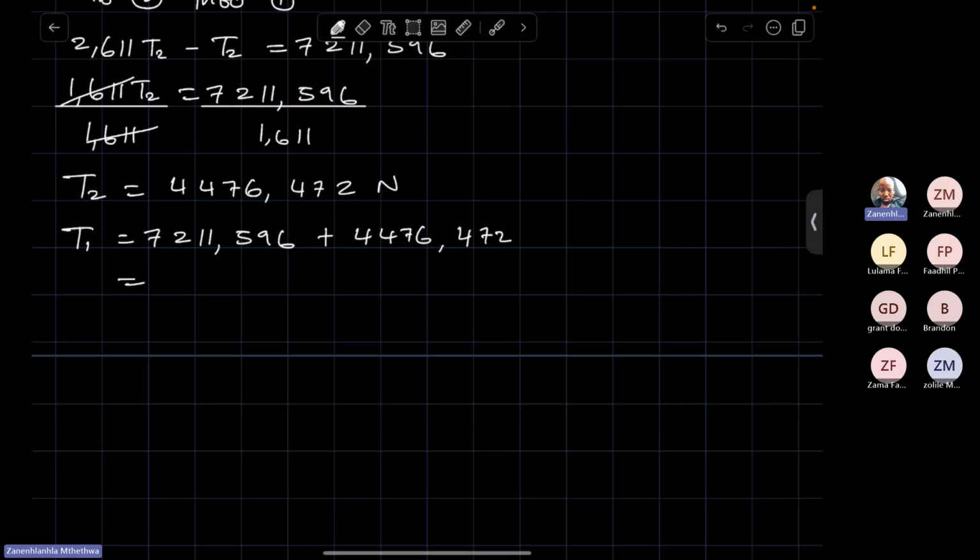So I'm getting 11,688,068 newtons, right? So that is what I'm getting for T1 and T2. And that is the approach you would take in solving this kind of problem, right?